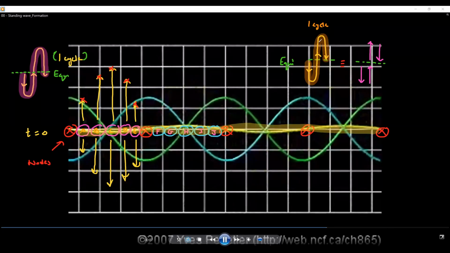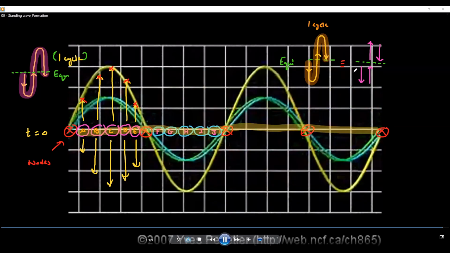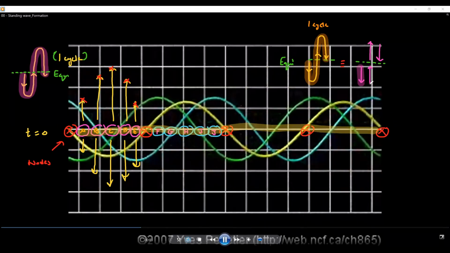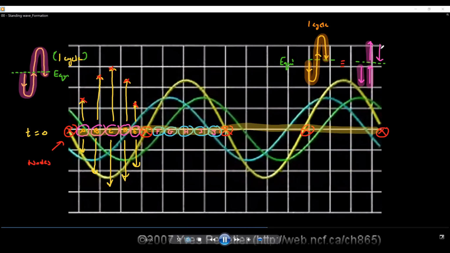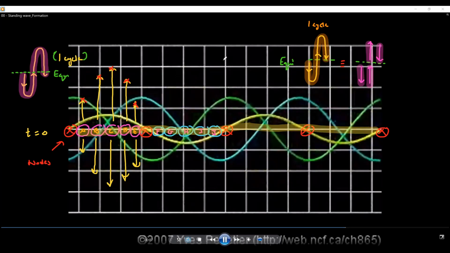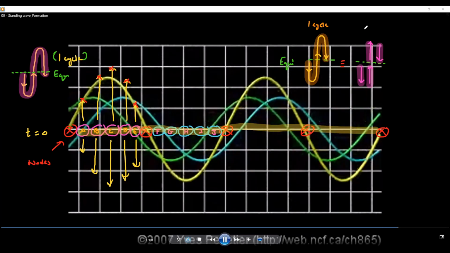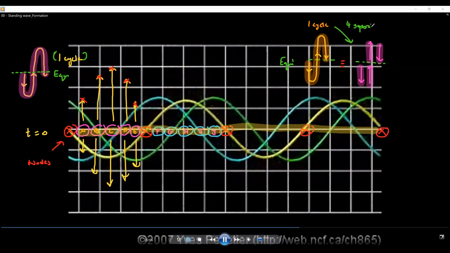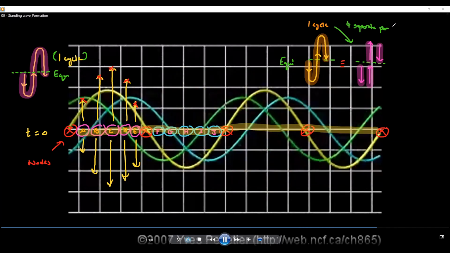So this one cycle here can be thought of as being made out of 4 separate parts. This motion downwards, this motion upwards, this motion upwards, and then finally this motion downwards. So this one cycle here, you notice, can be split into 4 separate parts.